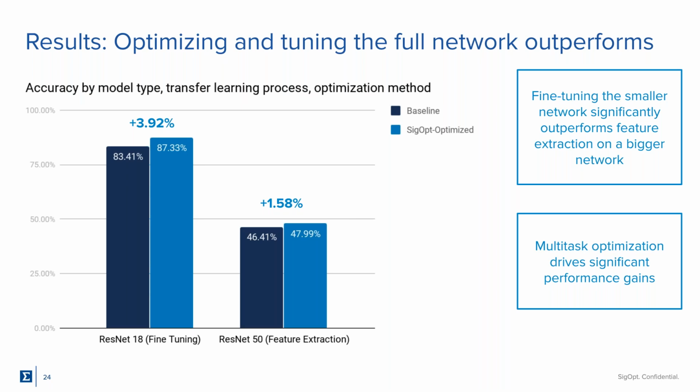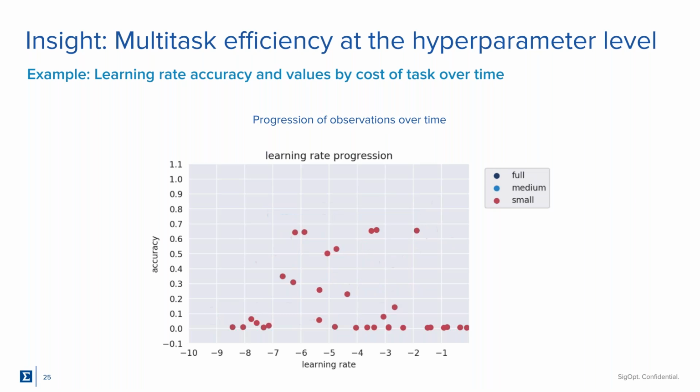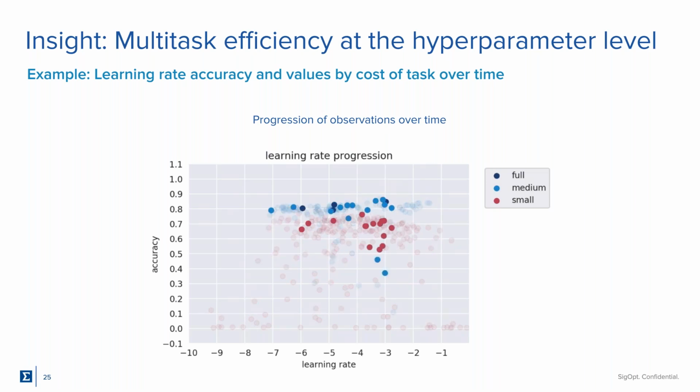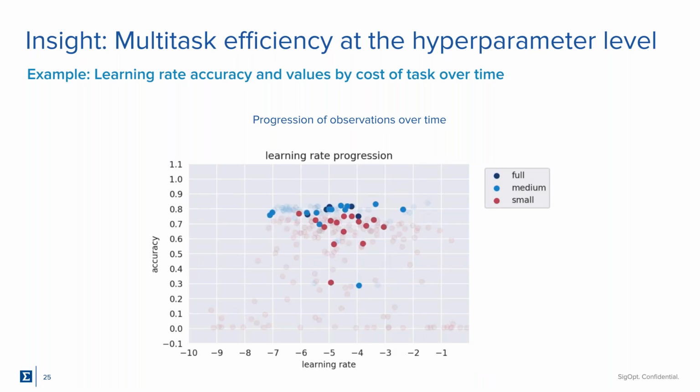Now let's take a look at how our model performance results correlate with how multitask optimization worked. In the GIF above, we see how multitask optimization sampled the hyperparameter space for learning rate over the span of our whole optimization experiment. At the start of the experiment, we see small cost tasks exploring the hyperparameter space, with medium cost tasks coming in as the optimization is more confident of the area of the learning rate space to exploit.